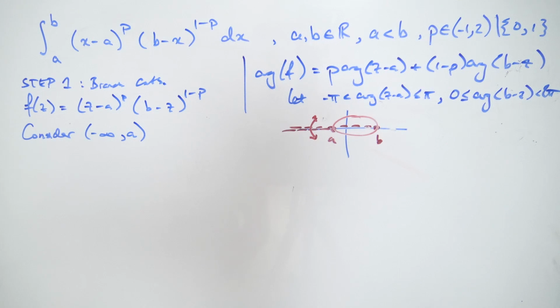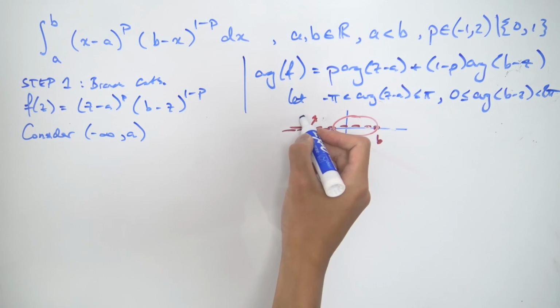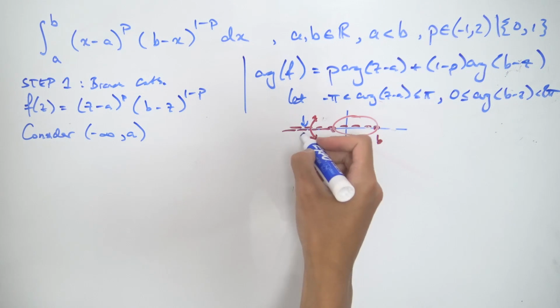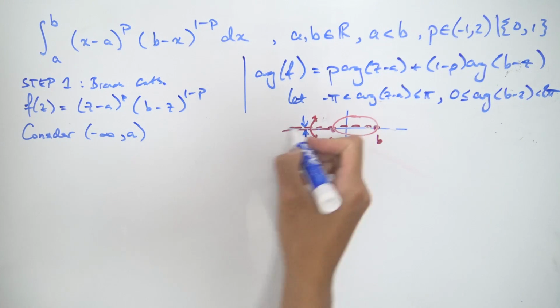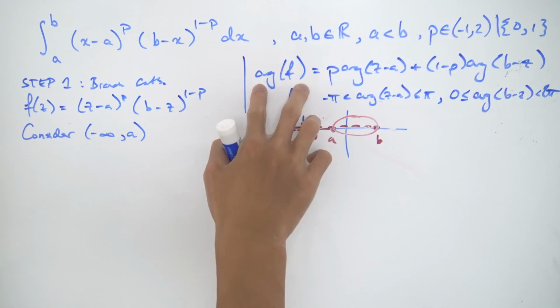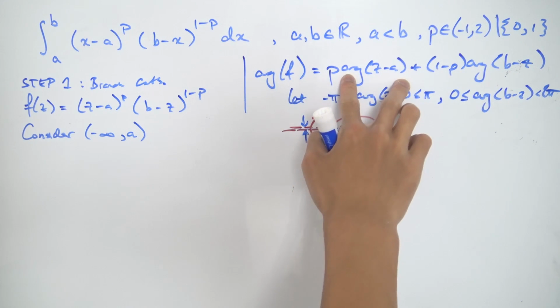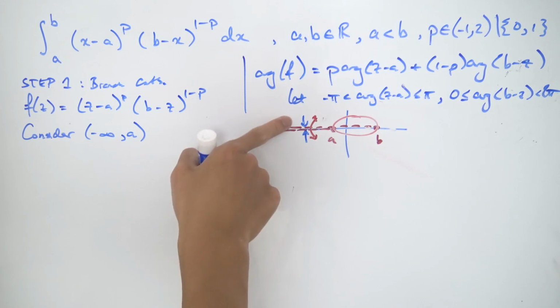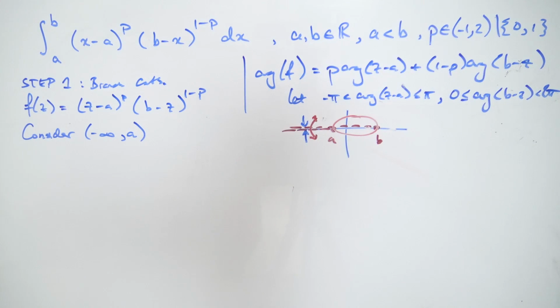In order to show continuity, we need to show that when we approach it from above, it's the exact same argument or angle as if we approached it from below. And since the argument of our function f of z is dependent on the arg of z minus a and the arg of b minus z, we have to consider what happens as we approach from above on each of these arguments separately.